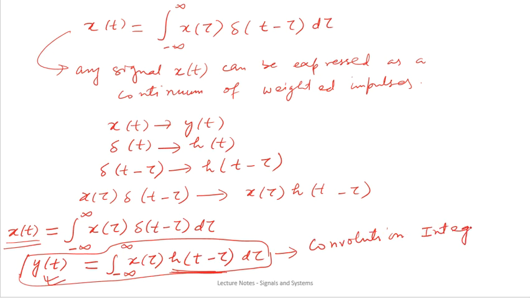This is the output, and it is generally called the convolution integral of x(t) and h(t).